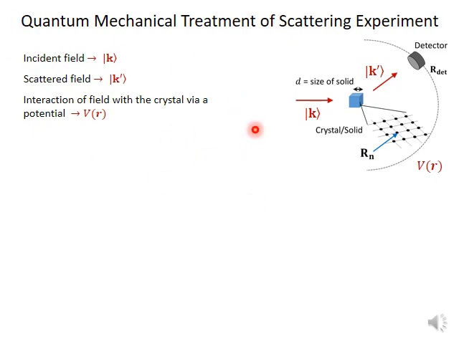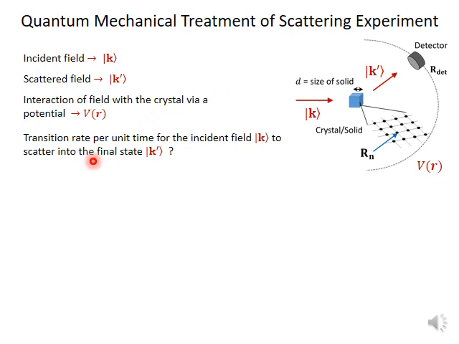But this is specifically the problem. You have an incident state and you have a possible final state, and this final state can be scattering in any direction. What you would like to know is the transition rate from this state into this particular state given a certain potential of interaction.